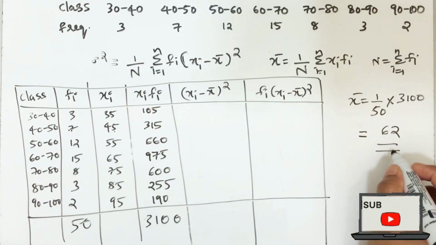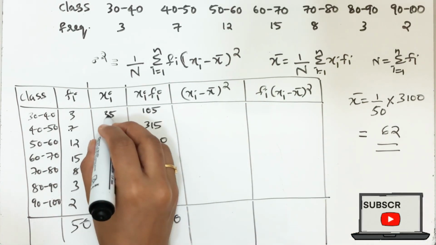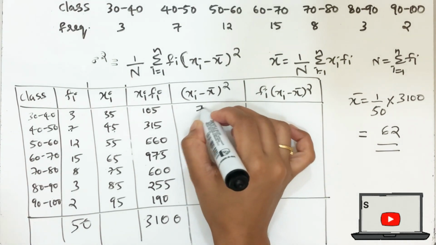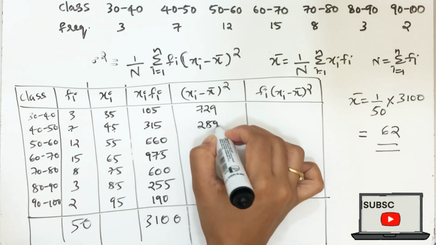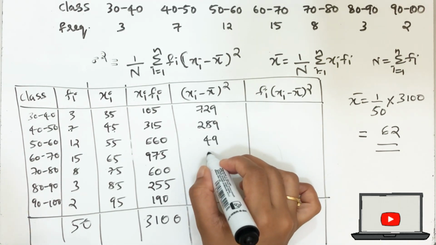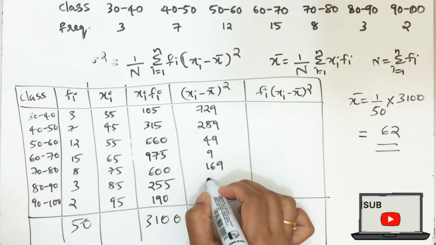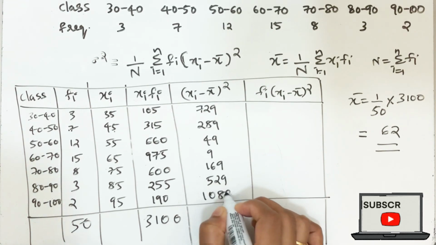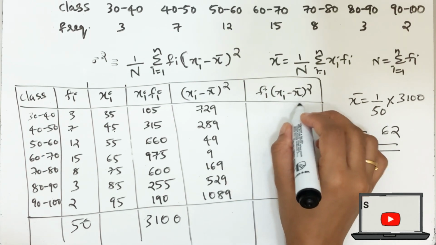Next variance. We need (xi minus x bar) square. That is (35 minus 62) square. Like that, write fi into (xi minus x bar) square.